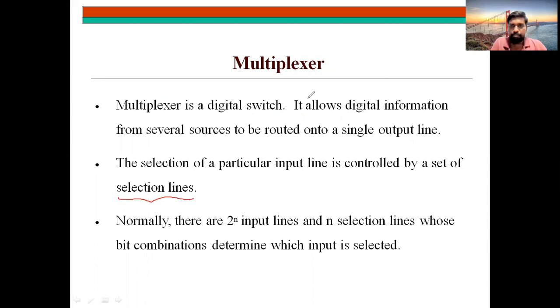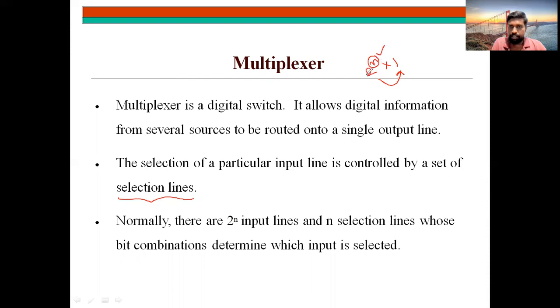So what I am saying is, generally this 2 power n cross 1 is the representation of the multiplexer, where this n is called the number of selector inputs, which helps us to select which input is to be taken at your output. Among these 2 power n inputs, only one input will be taken at your output, and that particular selection of input is done by the selector inputs.